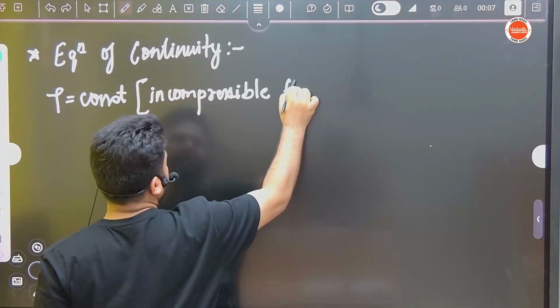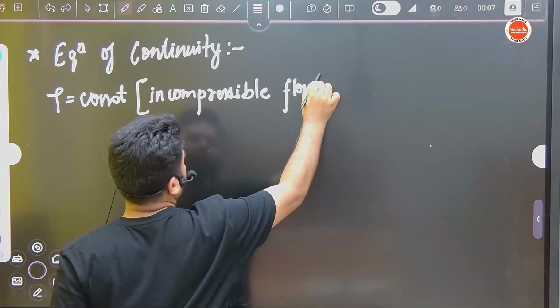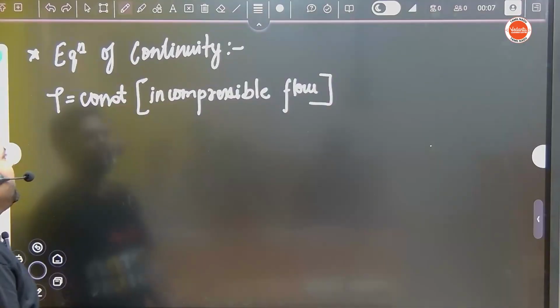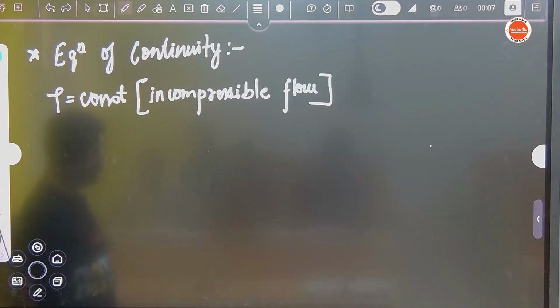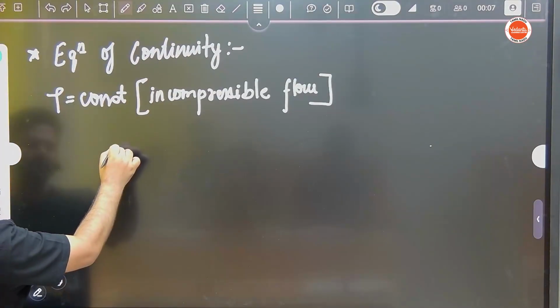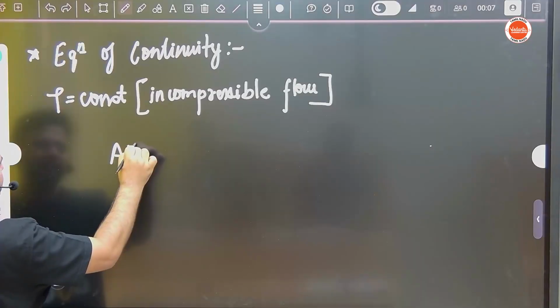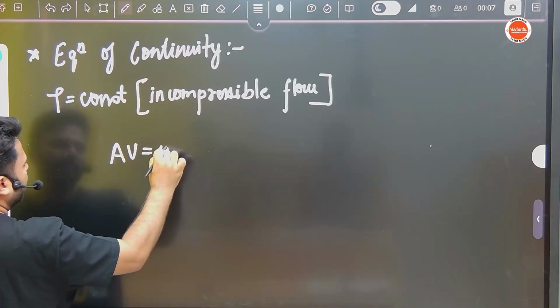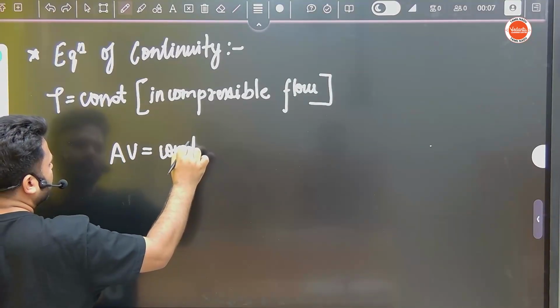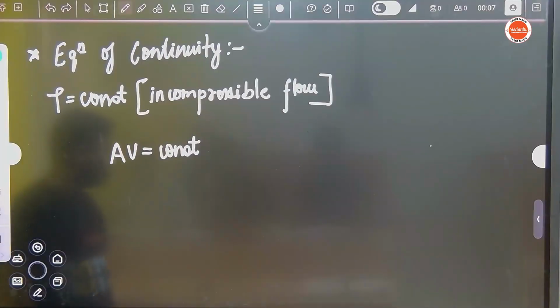If density is constant, then what do we write? Area into velocity should be constant.